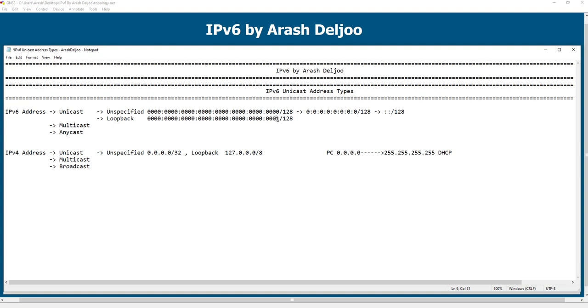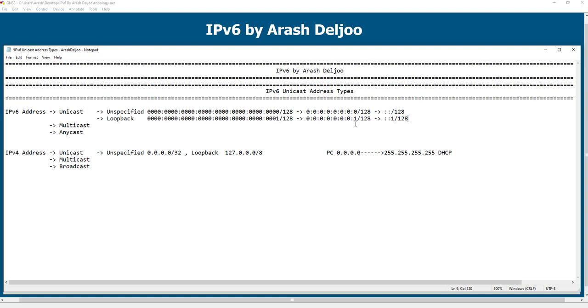Look here, the last hextet is 1. If you want to omit the leading 0s, you should write this form of the IP, with only the last hextet using 1. And if you want to compress this IP address, this is the compressed form of the loopback IPv6 address, ::1.